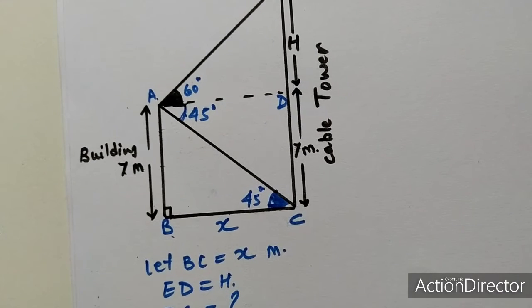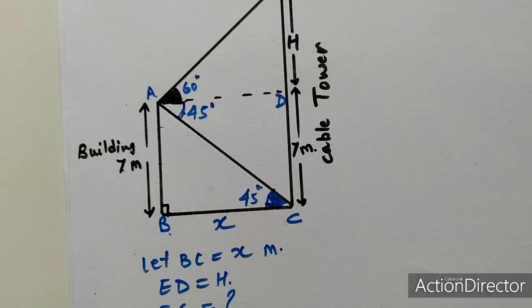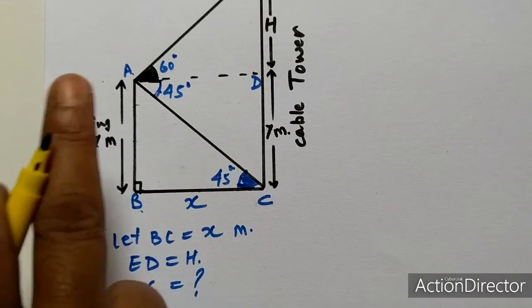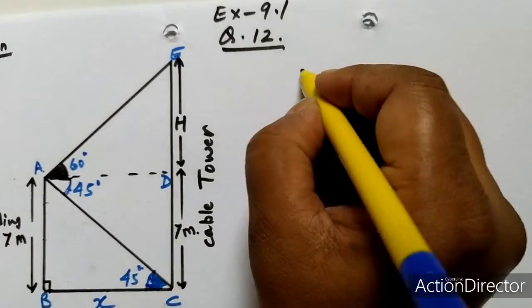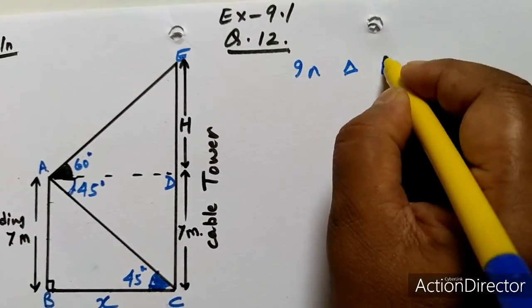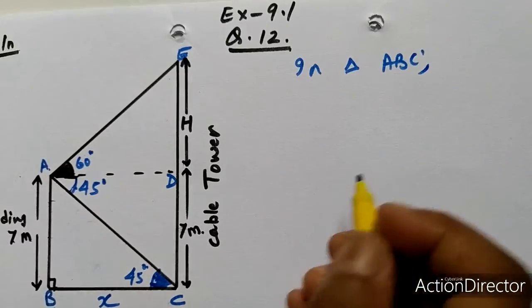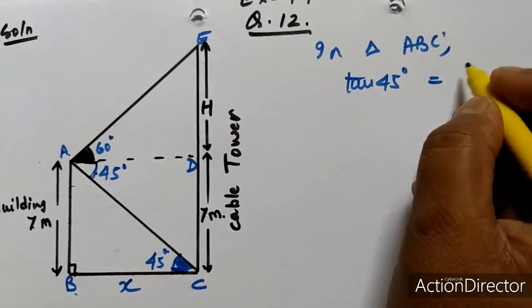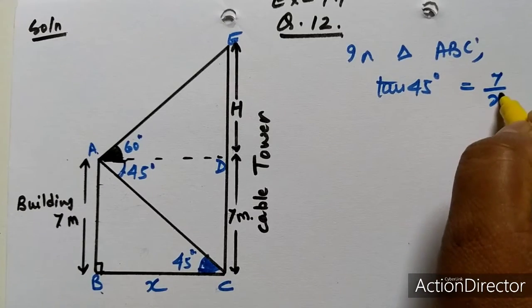What is the height of the tower? So this is actually height of tower EC, which we do not know. So first of all, consider triangle ABC. So here in triangle ABC, we are going to write tan 45 is equal to 7 upon X.